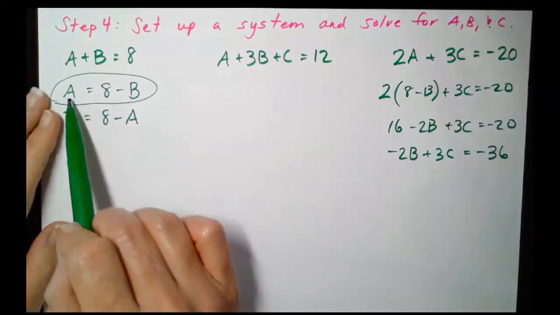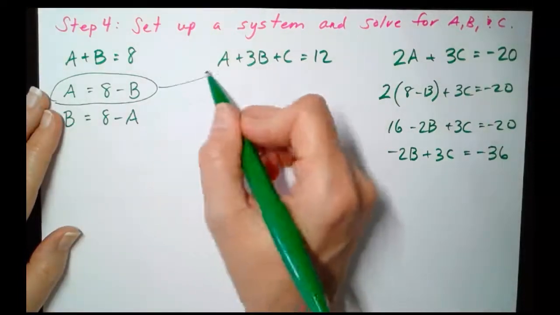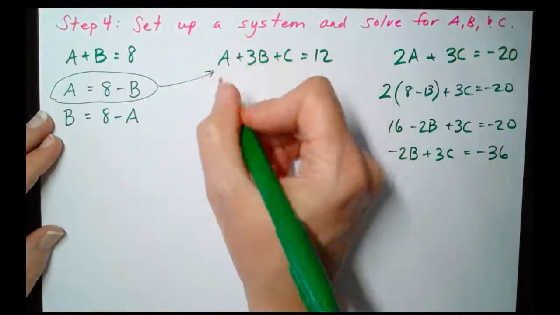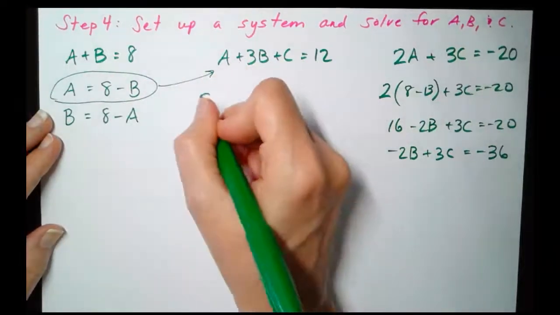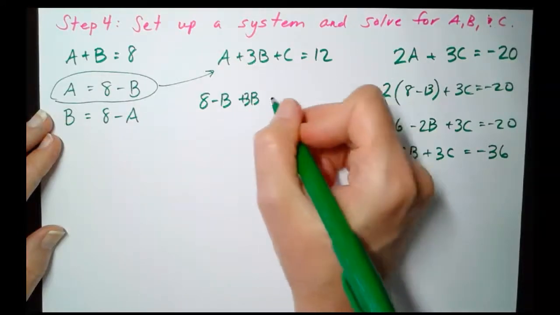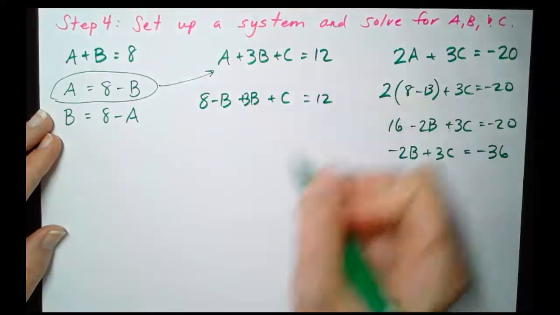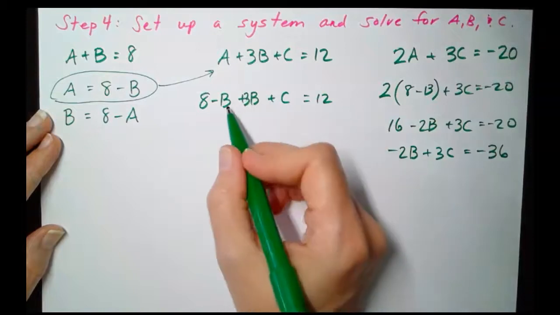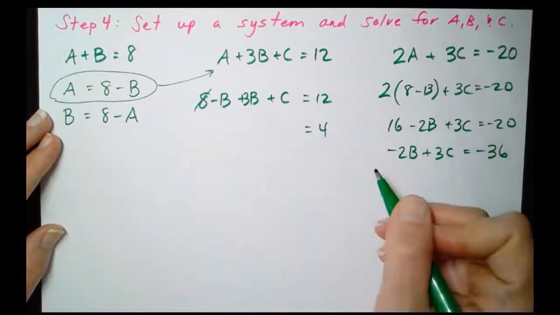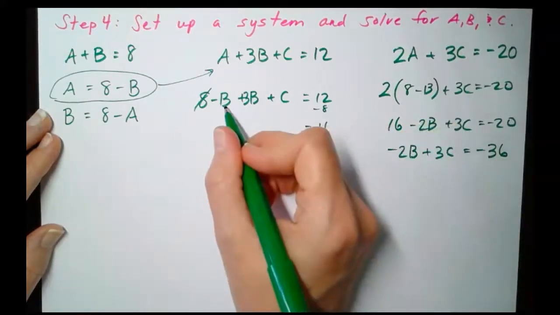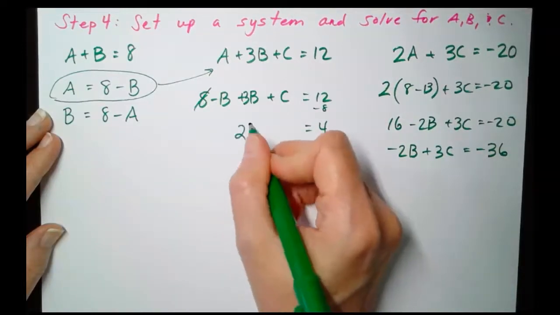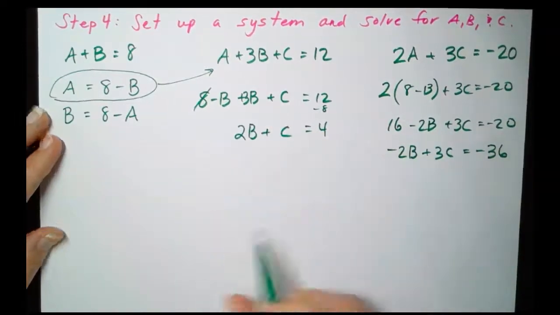So it makes sense to maybe take that value for A and plug it in right there, and then we'll have this fully in terms of B and C as well. So A, which is 8 minus B, plus 3B plus C equals 12. So 8 from the 12, this is going to be 4 on the other side. And then negative B plus 3B is 2B plus C equals 4.